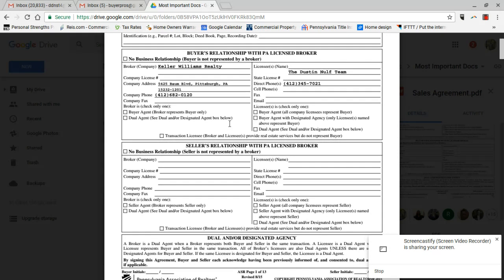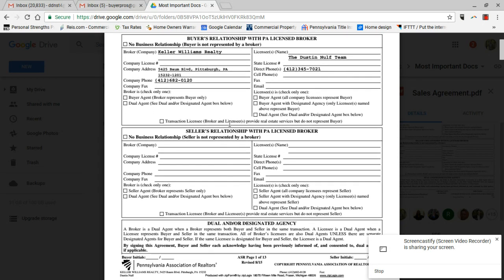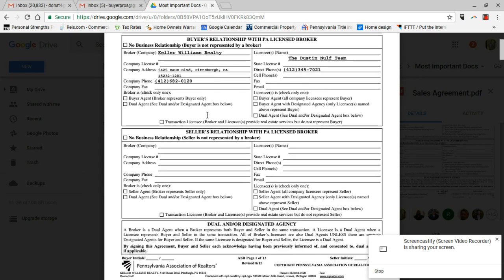So would that happen if you're a dual agent and they don't want you to be a dual agent and then you have a designated agent? Yeah. You might have a buyer and a seller, and the seller says, I don't want that, I want to be represented by your broker, or whatever. And then I might step in and say, I'm representing the seller, and you don't necessarily have to change this, but if you were doing it right off the get-go, you would have that set up like that.